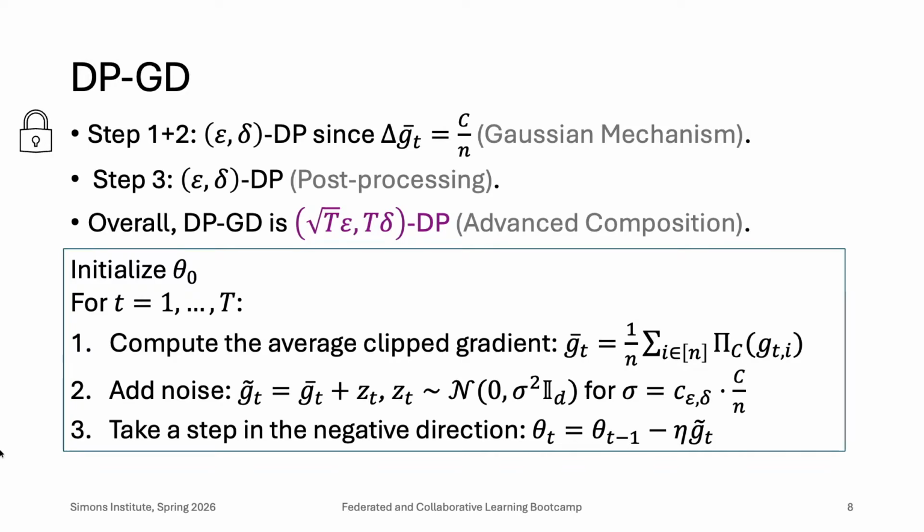Since I've clipped the gradients, this average can change by at most c over n, right? And so the noise I have to add scales with C over n times the log 1 over delta over epsilon factor. And so if I do that, I know that this step, the round, is epsilon delta differentially private. Does this make sense?